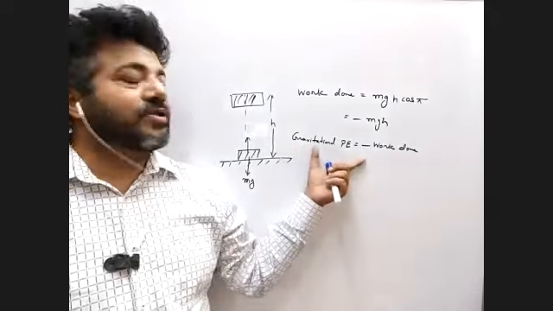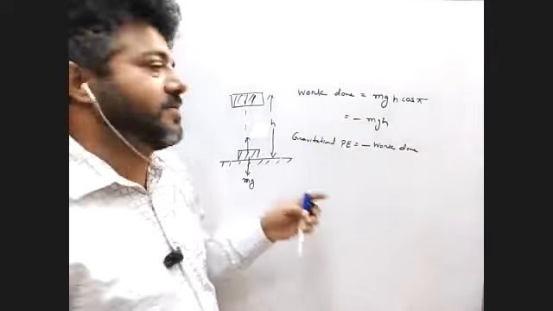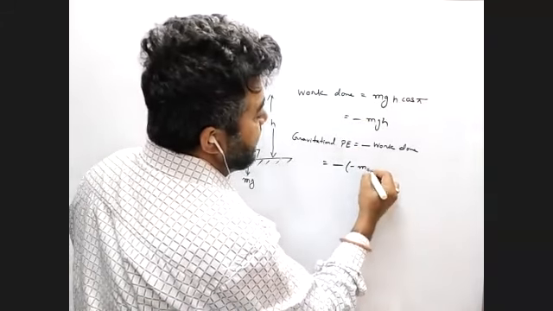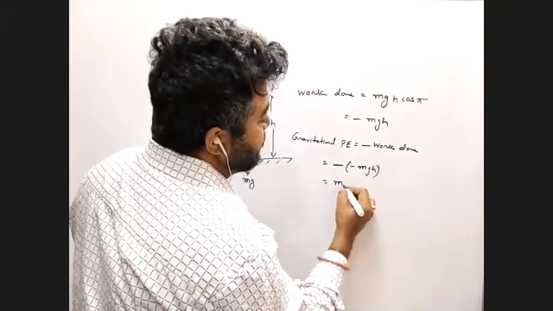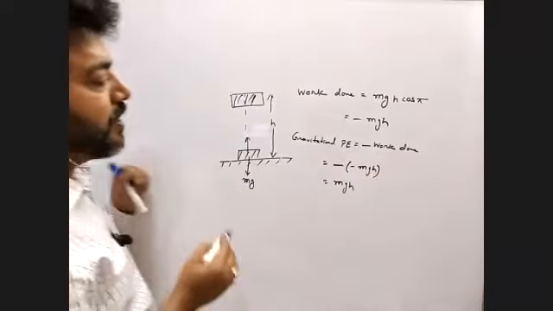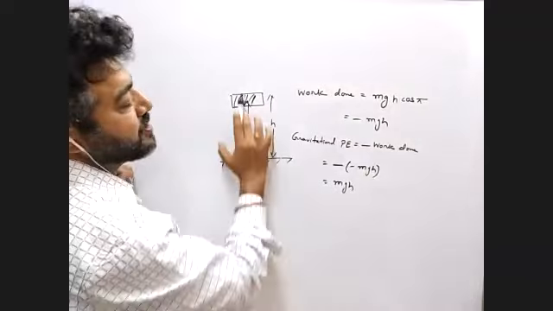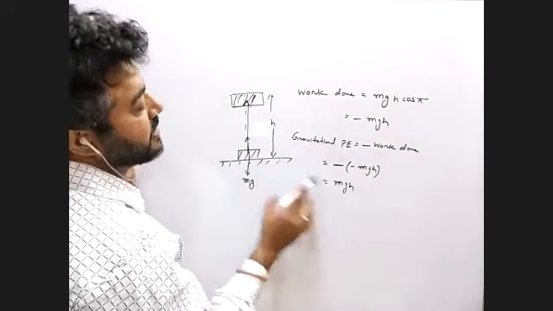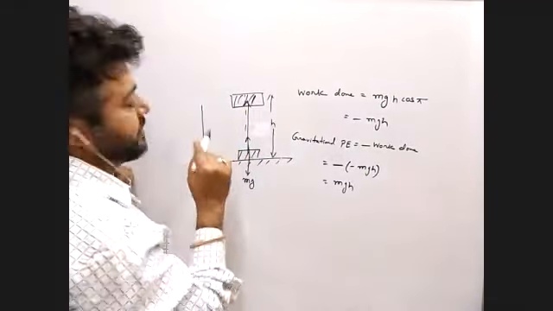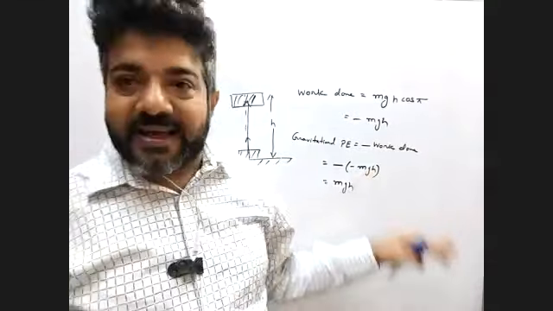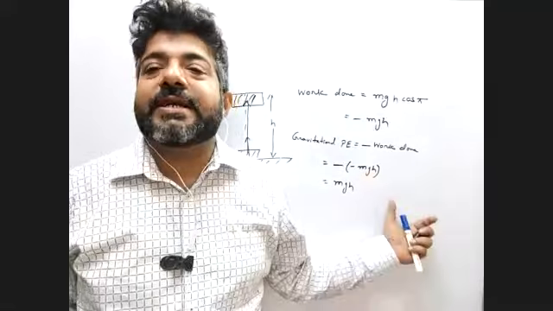So gravitational potential energy is the negative of that external work done, which we write as minus of minus mgh, so mgh. Now if you move upward, your height is positive, so your gravitational potential energy increases. If you move downward, h is negative, so the gravitational potential energy is negative.